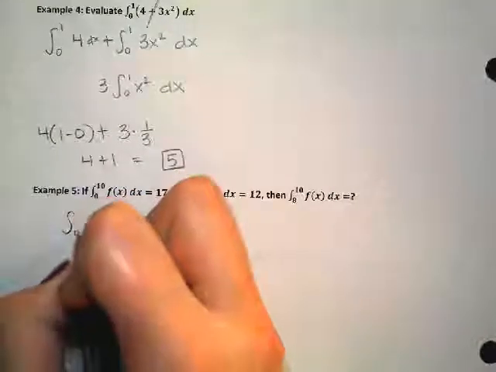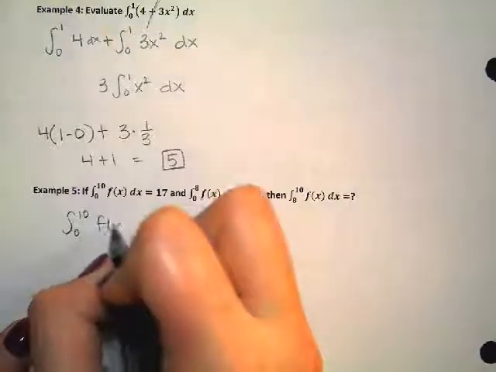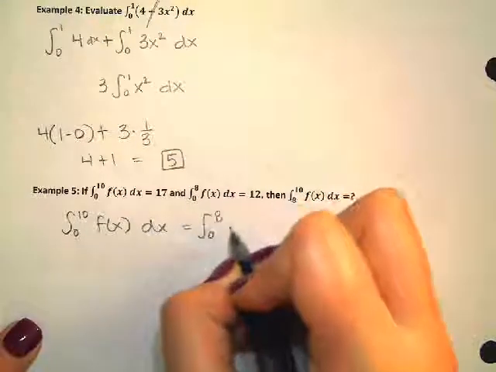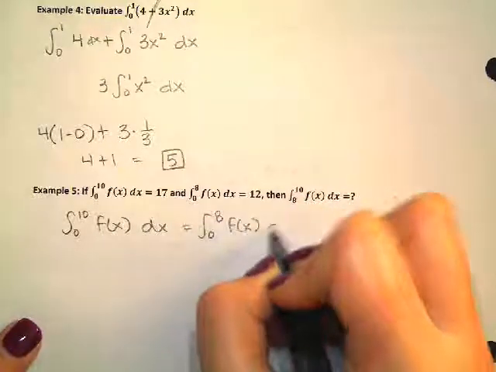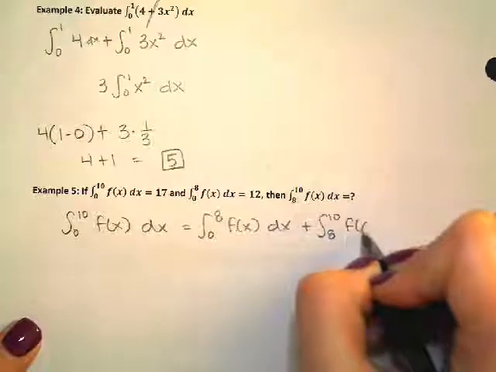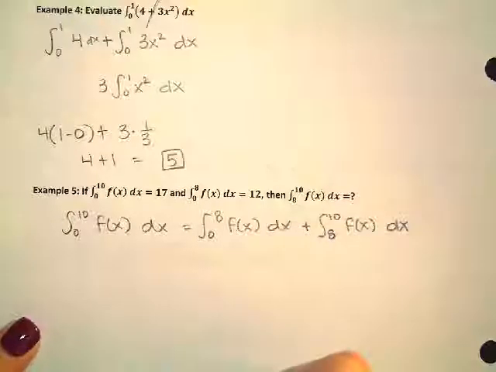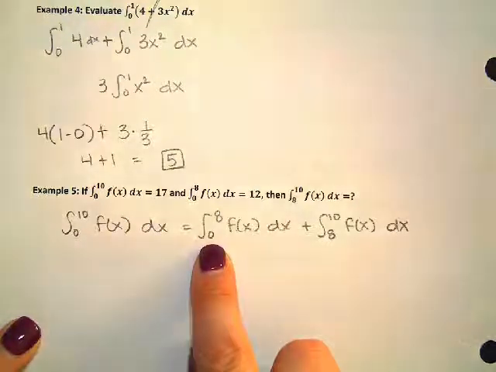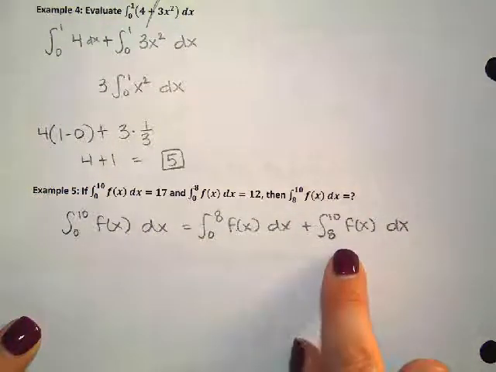So I'm going to say the area from 0 to 10 is the same thing as the area from 0 to 8 plus the area from 8 to 10. So the area from 0 to 10 is exactly the same as the area from 0 to 8 plus the area from 8 to 10.